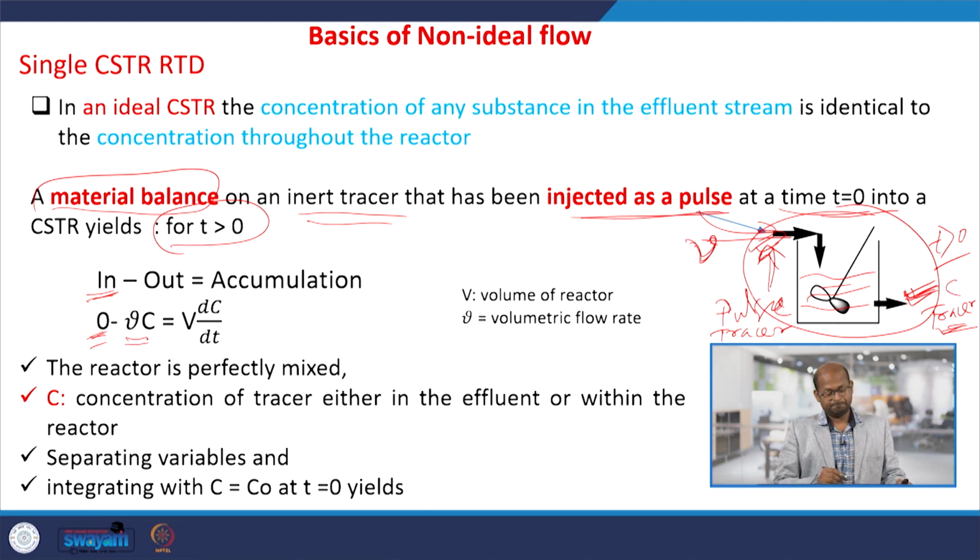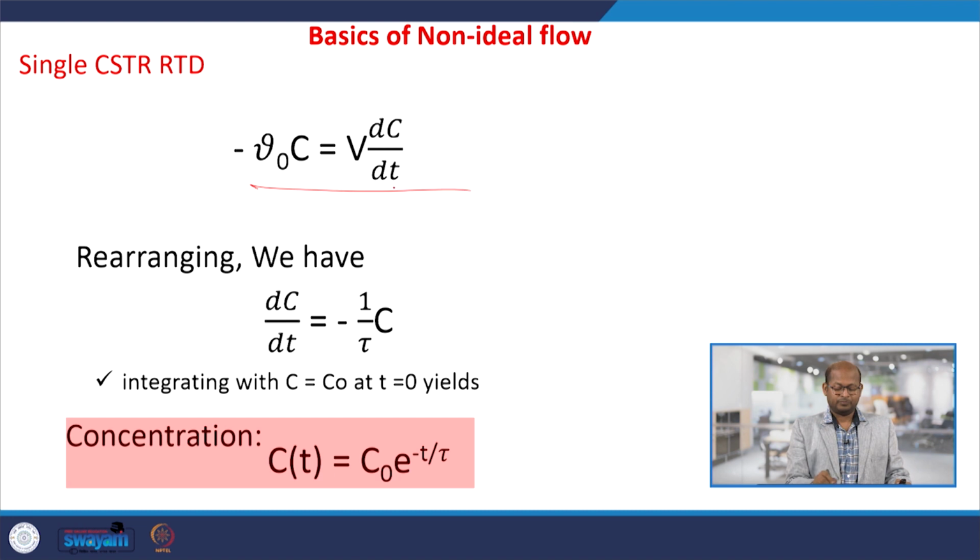This is the concentration of the tracer that we can find out, and if there is accumulation inside the reactor, we can write V dC by dt. This is the material balance. Here v naught is the volumetric flow rate and V is the volume of the reactor. Now if we take these equations and rearrange them, tau equals V by v naught.